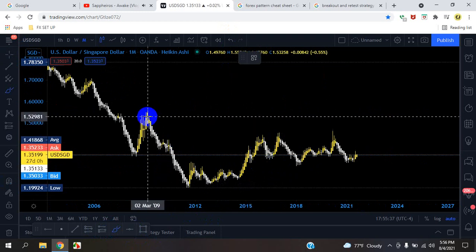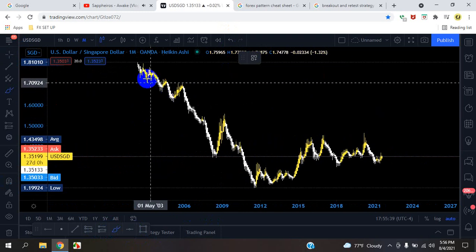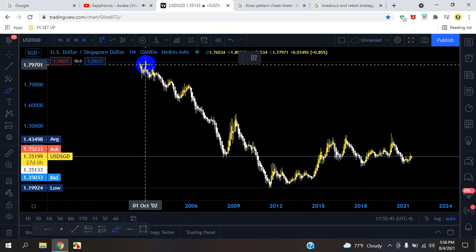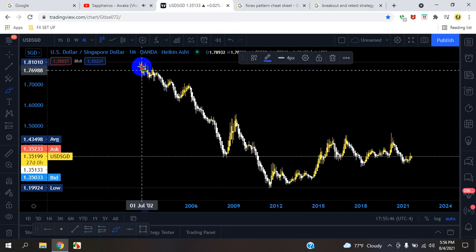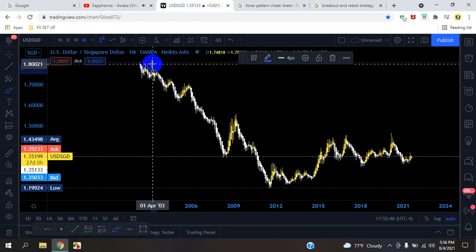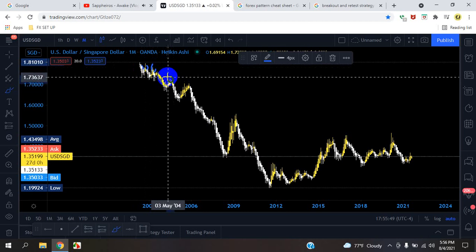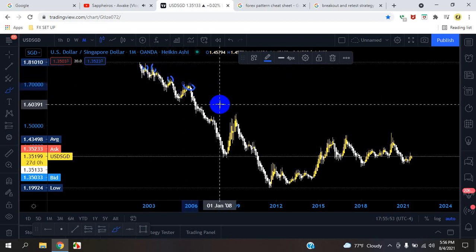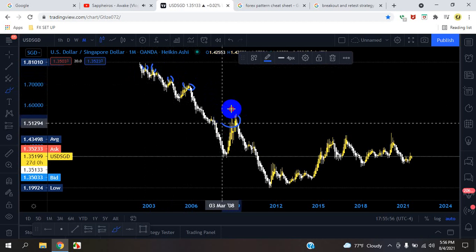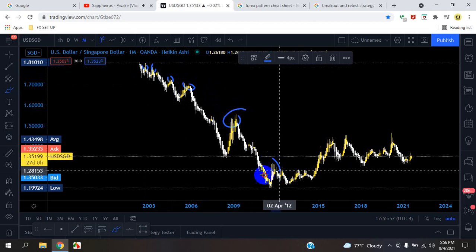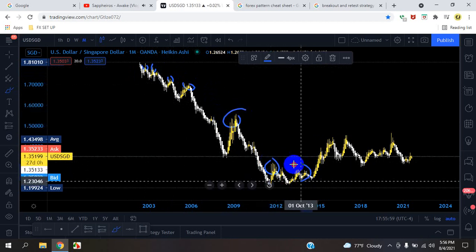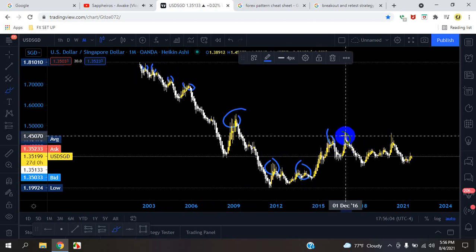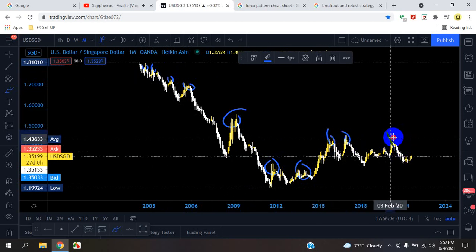So we already see that the market is doing the same thing over and over since it began. At every peak, we see these long wicks at the top. 3 on this side, 2, 3 on that side. That's 4, 5, 6, 7, 8, 9, 10.